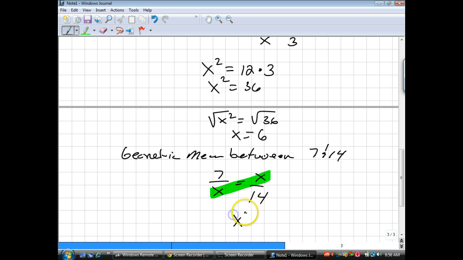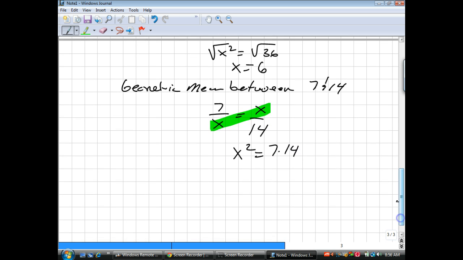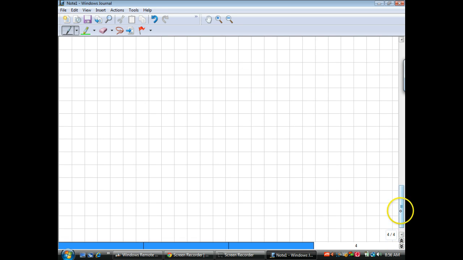Then X squared equals 7 times 14. Take the square root. So X is equal to 7 square root 2. Because the number that is squared is 7, so we bring out a 7. Okay. Alright, so that's how you find the geometric mean.